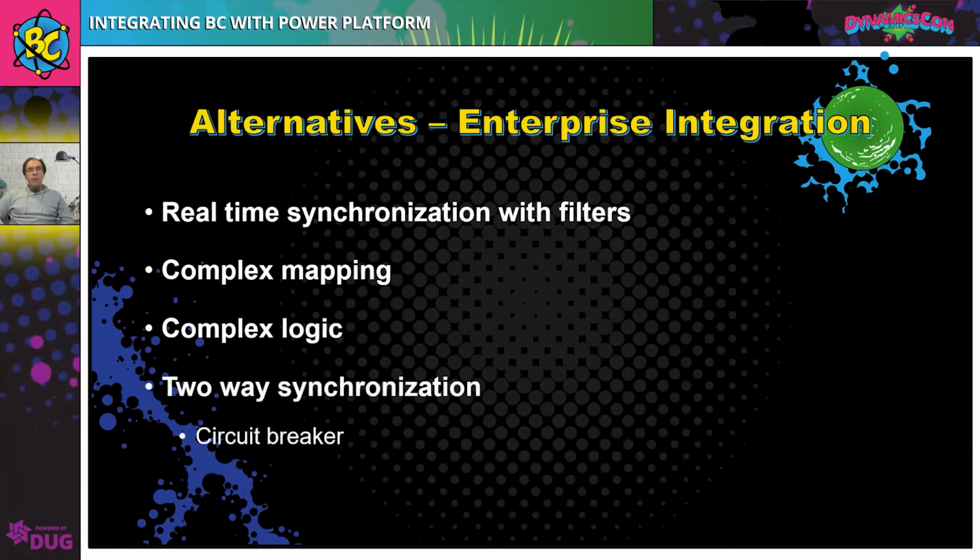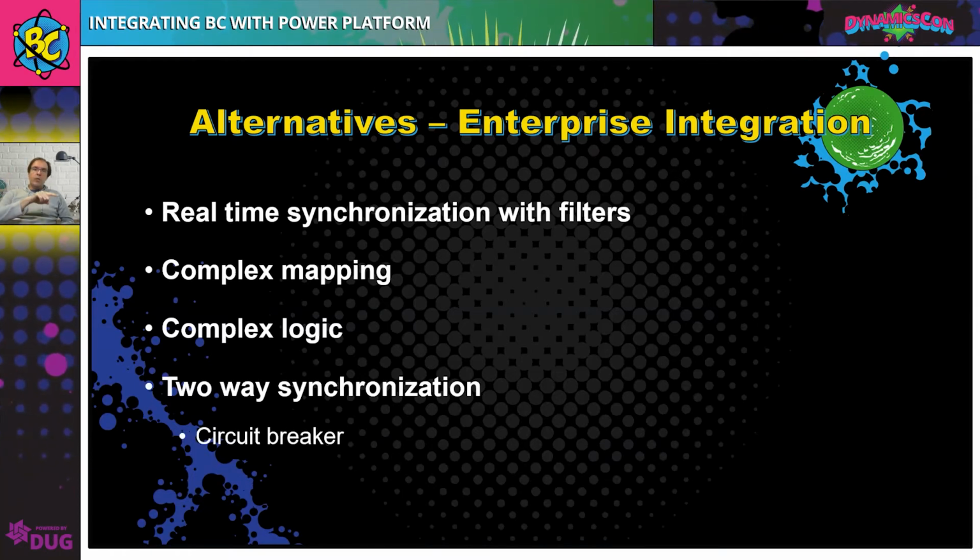The other place that you would be using enterprise integration a lot would be the cases where you have two-way synchronization with some kind of circuit breaker. For example, if I change it on BC, that synchronizes into Dataverse, and because that synchronized into Dataverse, that constitutes a change, then it tries to push it back on BC.